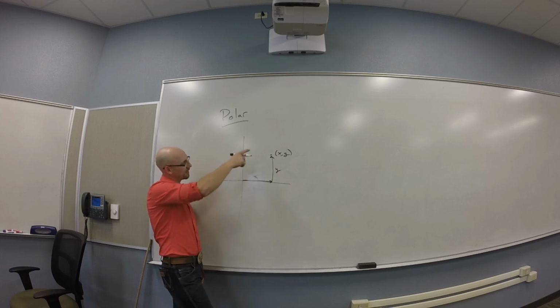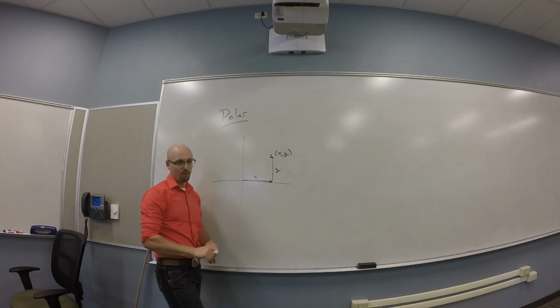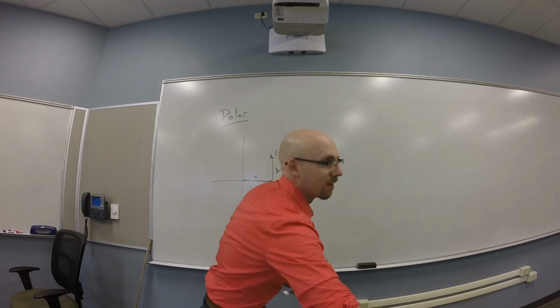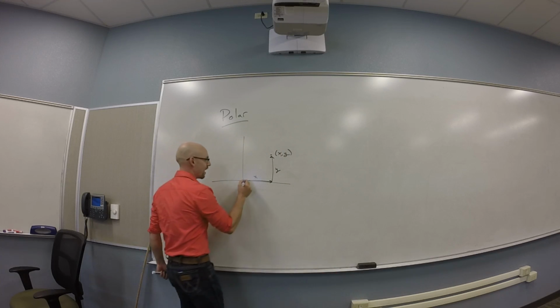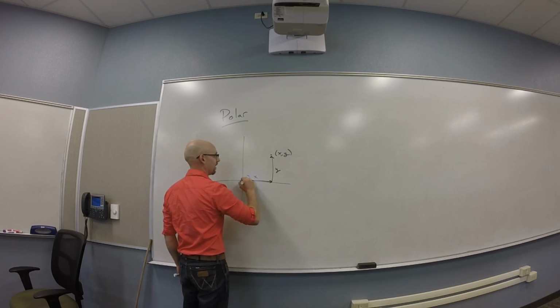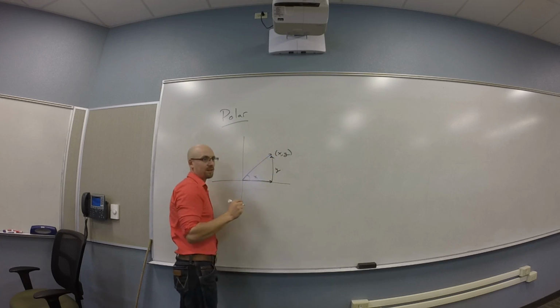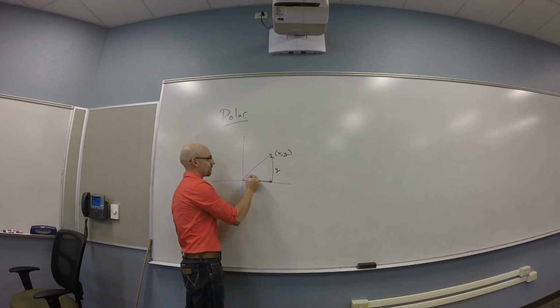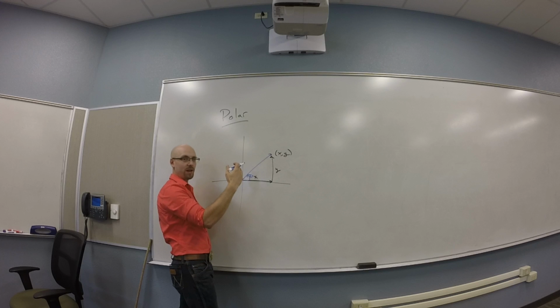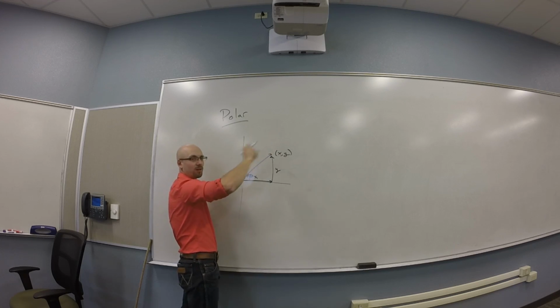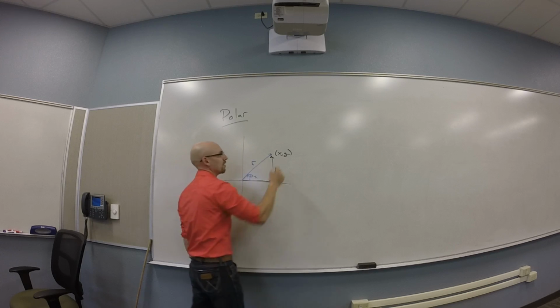So what's the other way to get to an x comma y? You go up an angle and then out. So that's going to be a theta, kind of rotate, and then what do you call the other one? R. Perfect.